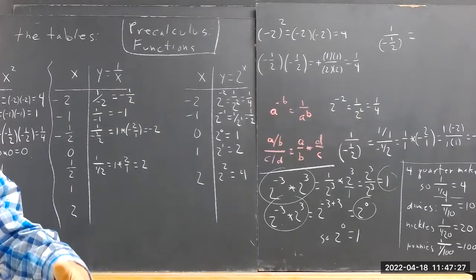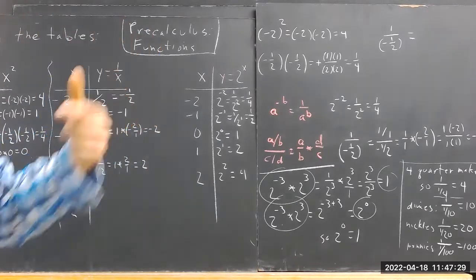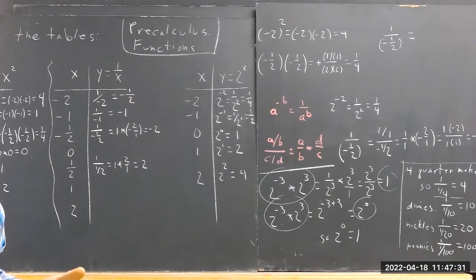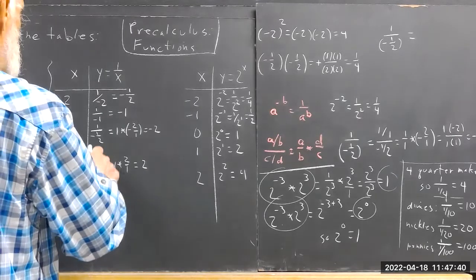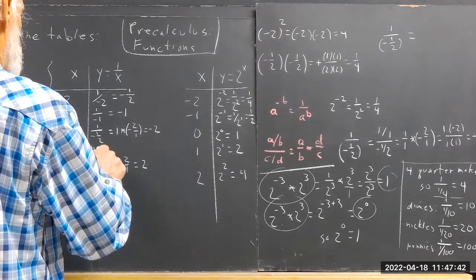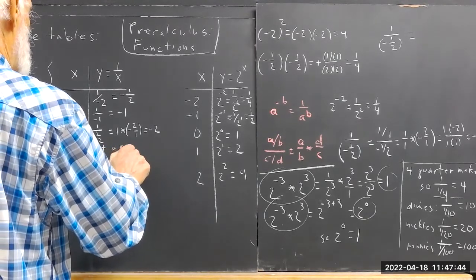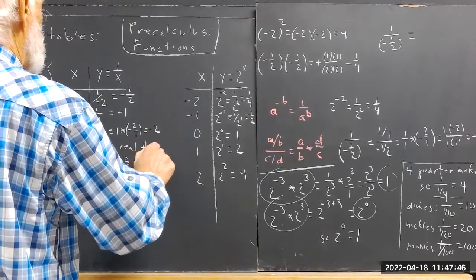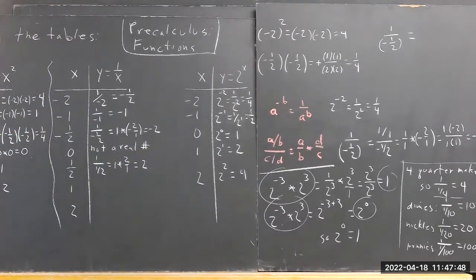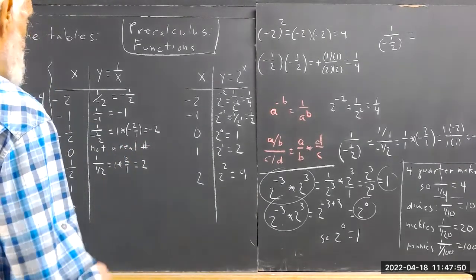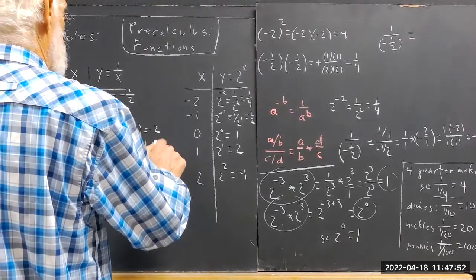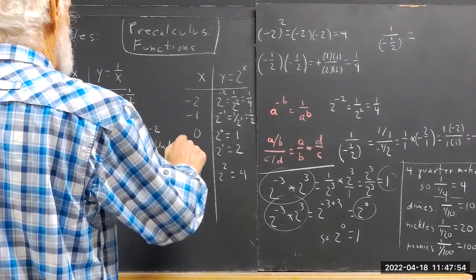So there's no number that represents 1 divided by 0. You can say, well, it's infinity, but infinity isn't a number. It's not a real number. And we say it's undefined.